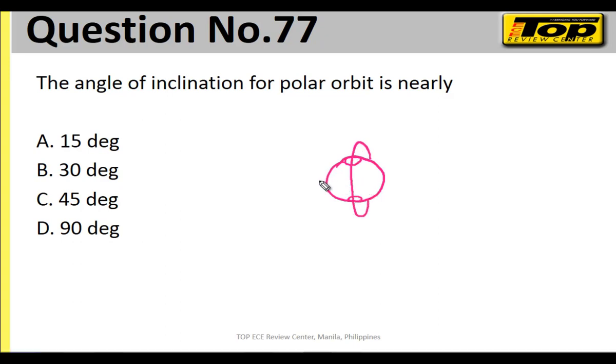Eh, ang angle of inclination, anong reference? Yung equator. Yan yung reference niya. So therefore, kapag umiikot yan near for the polar orbit, the angle of inclination is nearly, obviously, letter D, nearly 90 degrees. So letter D for number 77.